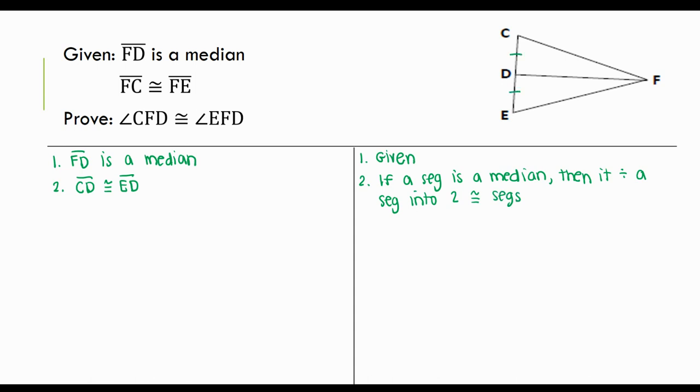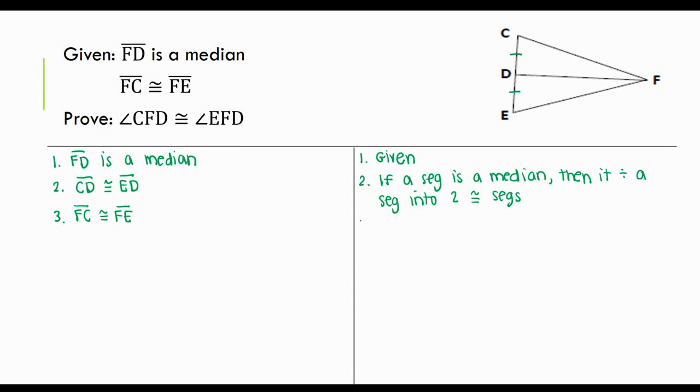And then I can mark that in my picture. So if I have a median, I'm expanding on it. If a segment is a median, then it divides a segment into two congruent segments.